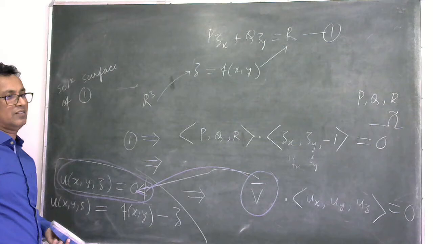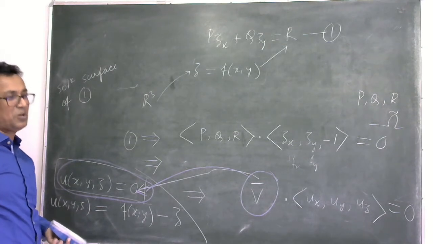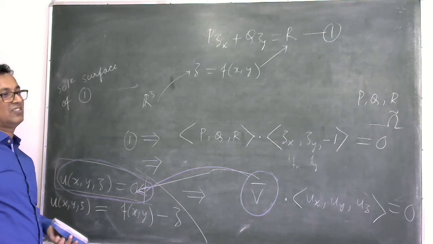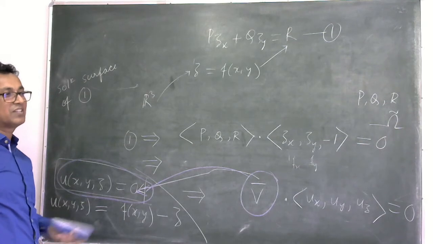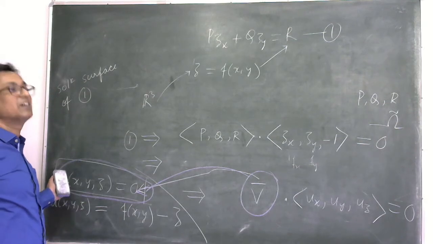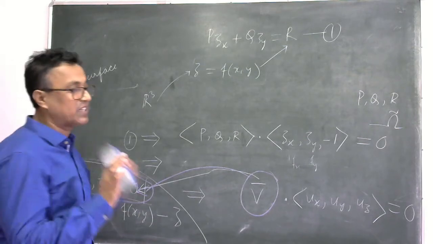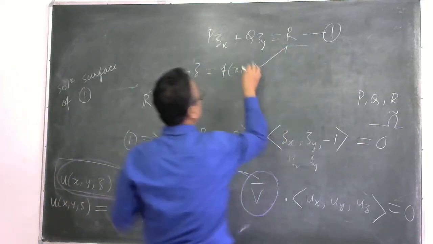Its dot product with the gradient is zero, so it is not orthogonal, it is tangent to the surface. So that means this surface is an what surface? Exactly. Exactly.